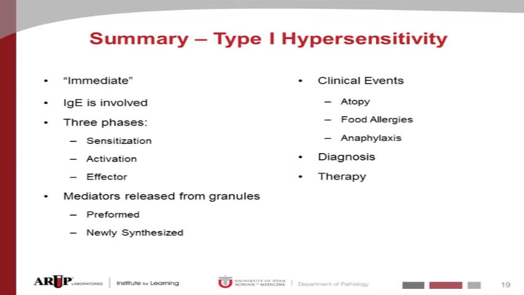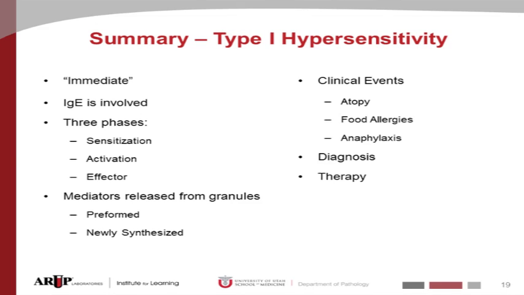Sensitization, which is primary exposure to the allergen. Activation, when the allergen is encountered a second time and the mast cells and basophils are triggered to release their granules. The effector phase, when the histamine and other mediators go out into the tissue and cause their responses.